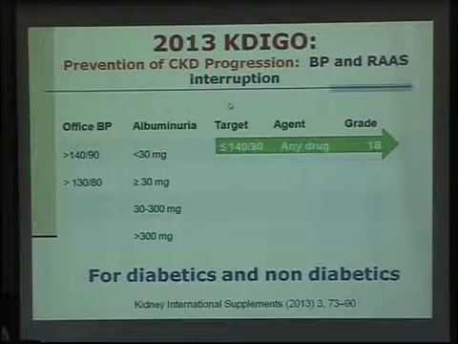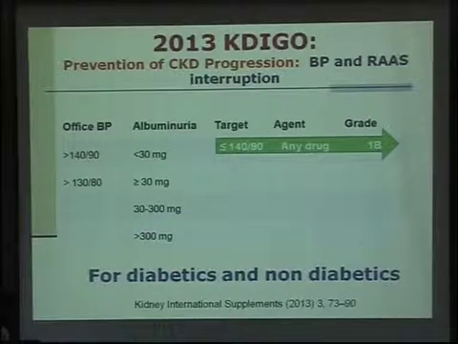Which agent should we use? Is it an angiotensin converting enzyme inhibitor? Angiotensin receptor blocker? Calcium channel blocker? Beta blocker? Diuretic? Any agent can work here. So there is no evidence of superiority to use any agent. Any agent you would like to use, available, cheap, use it.